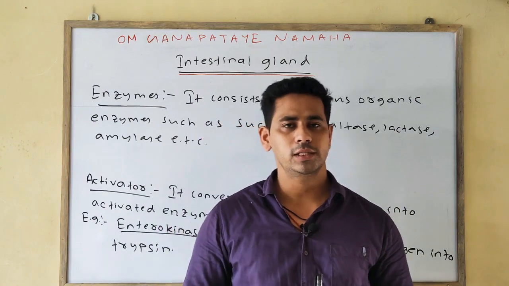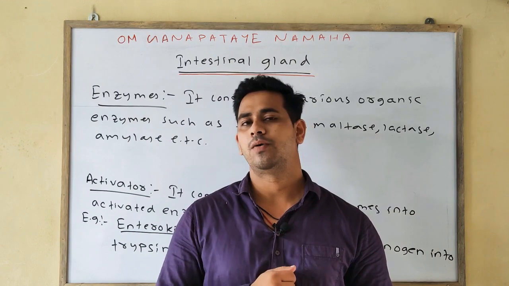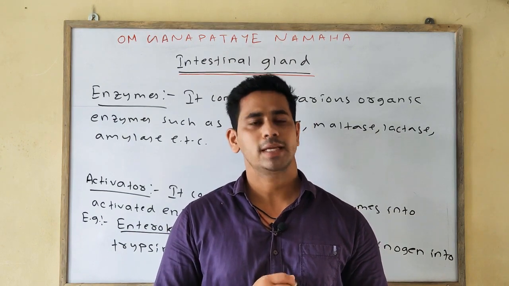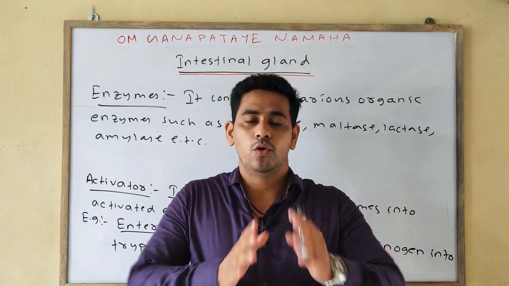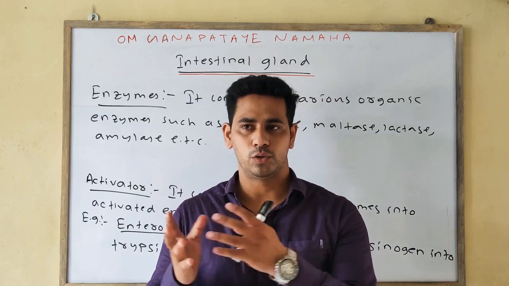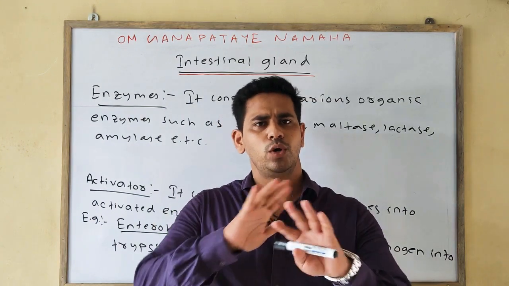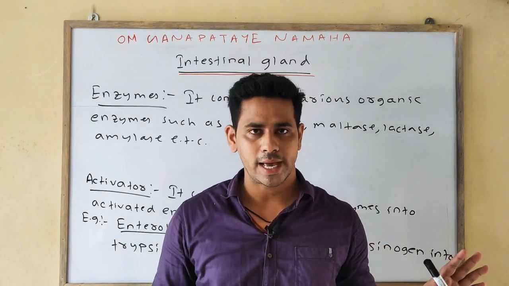Your homework is to write in detail about the intestinal gland and send it to my WhatsApp. From the next class we will start the circulatory system, in which we will learn the internal structure of the heart in detail. First we will do the diagram. We will take one class only for the diagram. I will teach you how to do the diagram very easily.